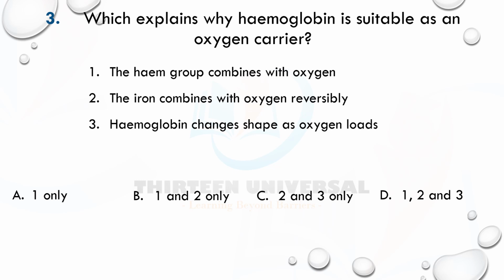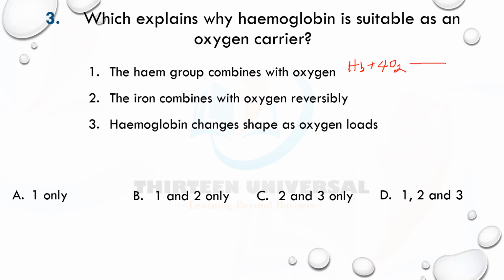All right, so when hemoglobin, this is Hb, combines with oxygen, one hemoglobin molecule combines with 4 oxygen molecules, because each molecule combines with a heme group, and we have 4 heme groups in hemoglobin.